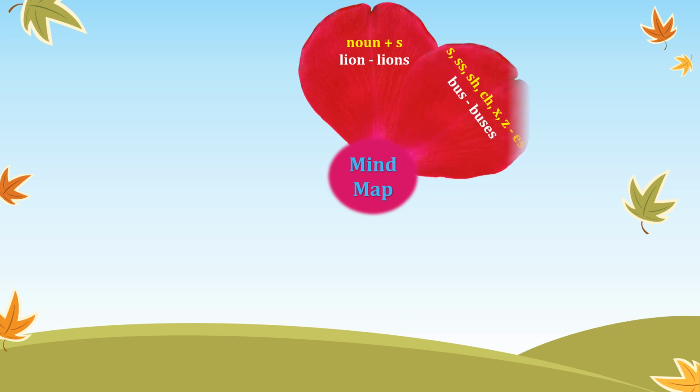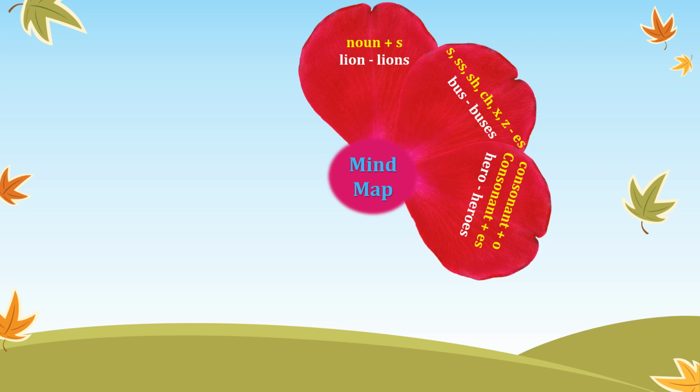Rule number 2. If your noun is ending with S, SS, SH, CH, X or Z, any one of these, then we will not only add S in the end to make it plural, we will add ES. For example, bus will become buses.